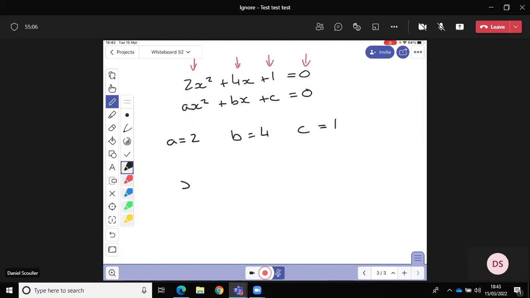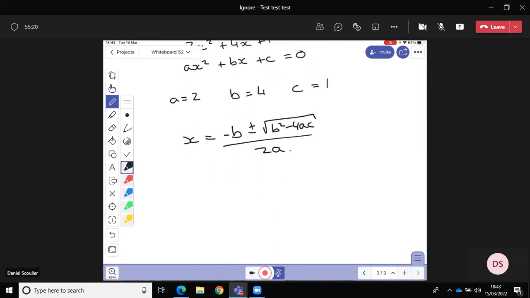So the equation: x equals negative b plus or minus the root of b squared minus 4ac, over 2a. Just double check that. Remember, you're given that, but now it's a case of putting those numbers in.